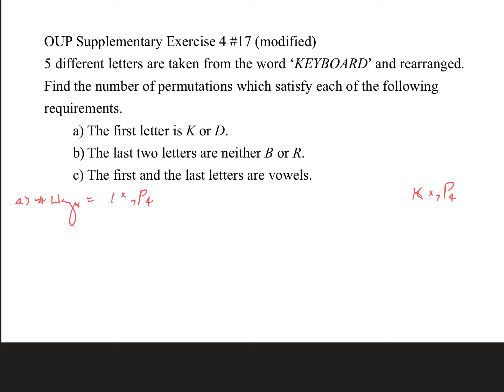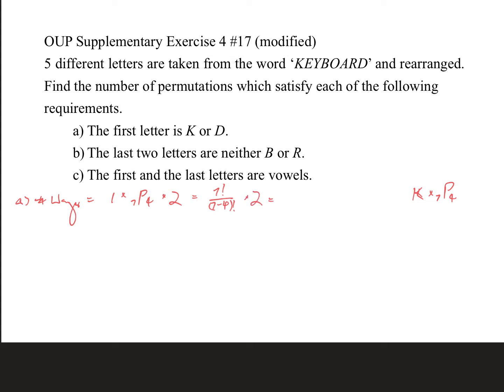However, how about the first is D? So we can also repeat the same for D. And therefore the answer is 7P4 times 2, which is equal to 7 factorial over (7 minus 4) factorial times 2.